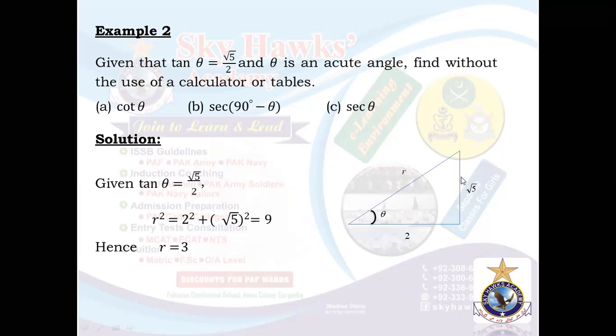And then B, let's see, 90 degrees minus theta. Then C, it's just the secant.